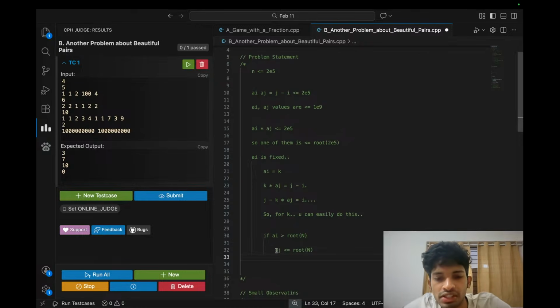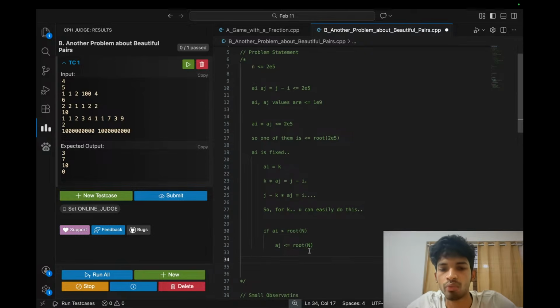We have to make sure that ai is greater than root n, and then count these things. We'll do the same thing here when aj is less than or equal to root n.